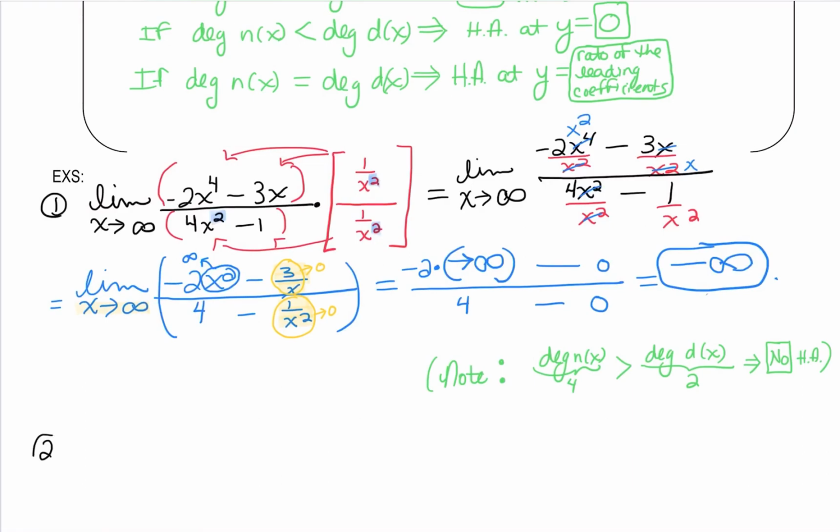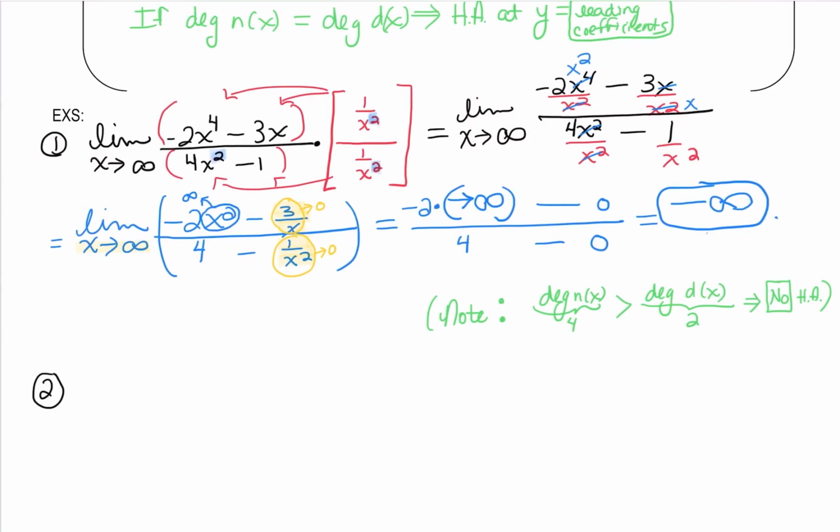So number 2, suppose we had the limit as x goes to negative infinity of (4x minus 3) divided by the square root of (x squared plus x). All right, well, this one's a little different.